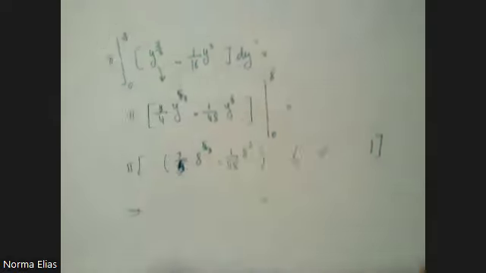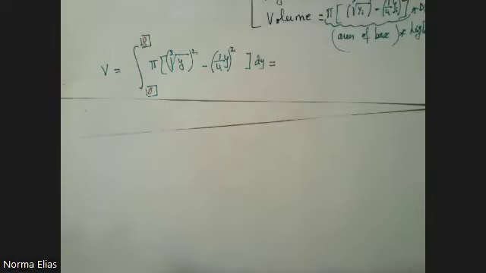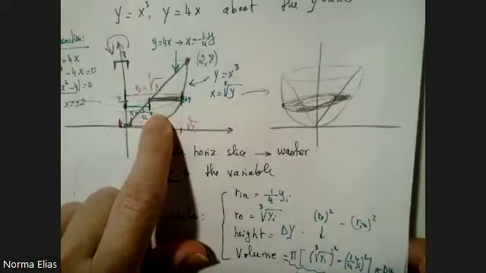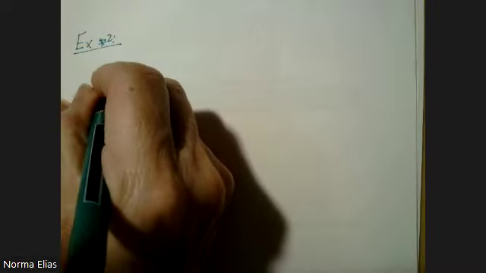Okay. So now I'm going to take the same region as in this example, and I'm going to change the axis of rotation. So this is my problem. Example number 2. R is the region as in the previous problem.